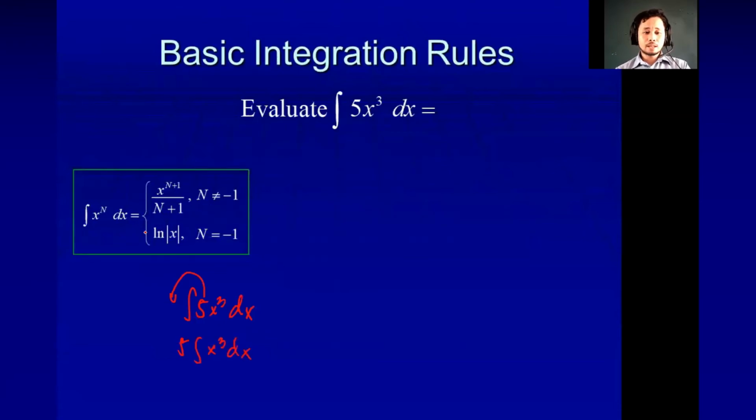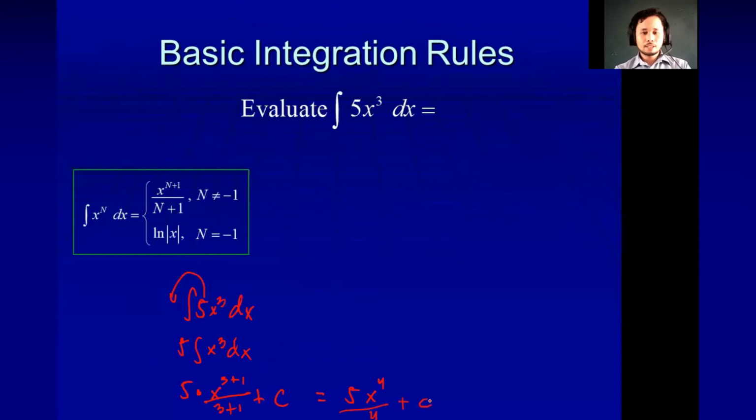Using the power rule for integration, we have 5 times, we add 1 to the exponent, so x raised to 3 plus 1, and then 3 plus 1 as your denominator, plus c. Don't forget to write that. So that is equal to 5 and then x raised to 3 plus 1, which is 4, over 4 plus c.